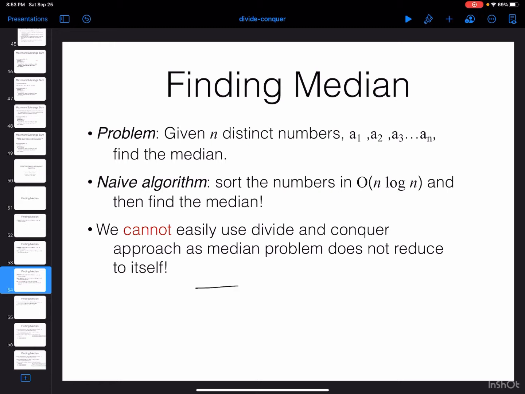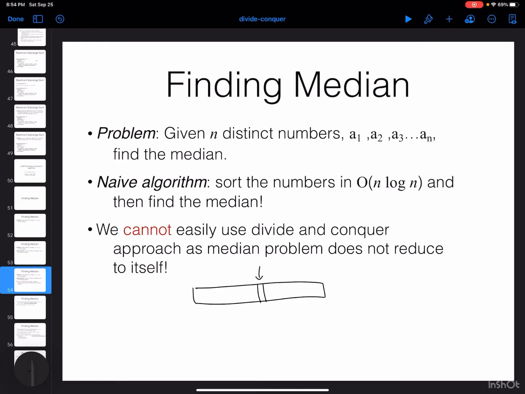What I mean is, assume you have an array and you are looking for the median item, an item that falls in the middle of all the numbers when you are ranking them. If you create subproblems, like finding the median in half of the problem, it is not going to help you find the median among the full n numbers. So this problem is not going to be easily reduced to itself.